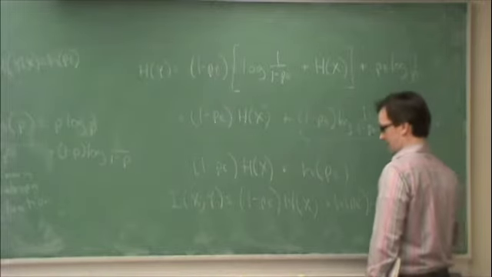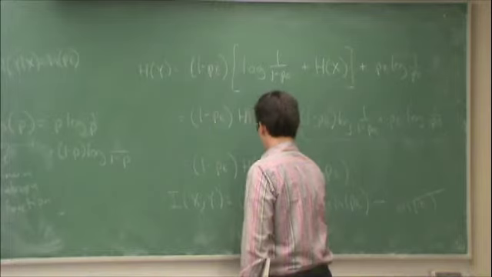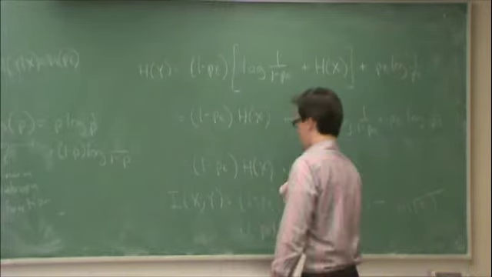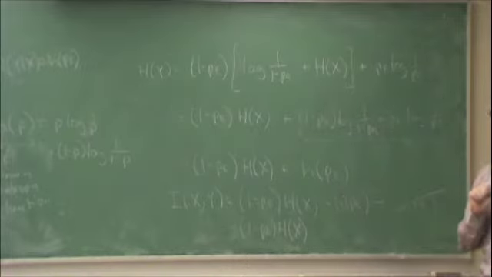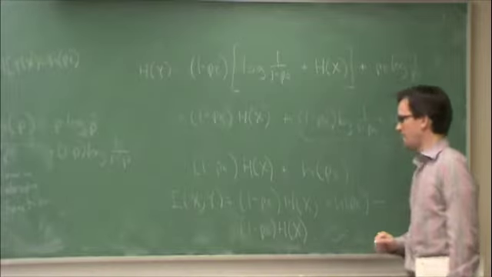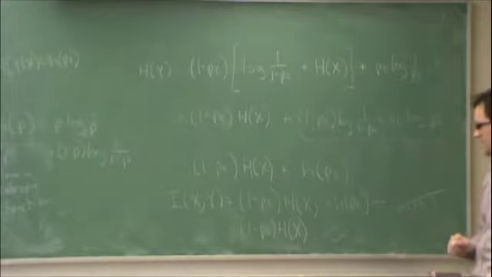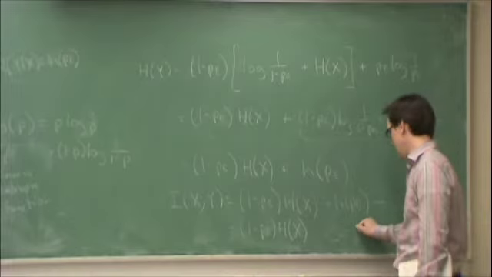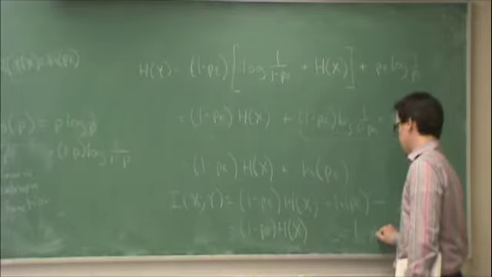That cancels with that, and we get 1 minus PE, h of x. So, what's capacity? So x, h of x is over a binary input, so what's the maximum possible value of h of x? 1. So capacity is 1 minus PE, and this occurs with the equiprobability.